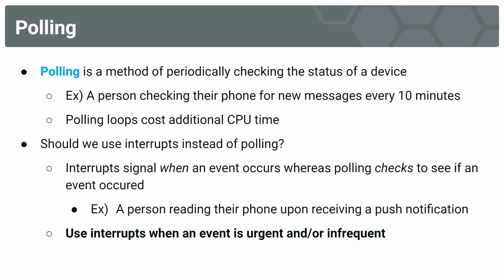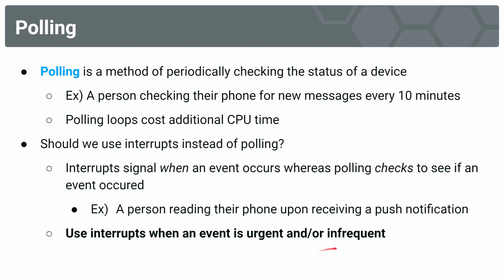And so the simple rule I suggest you stick by is to use interrupts when an event is urgent or infrequent. And the reasoning behind this is, if an event is urgent, then you want an interrupt to signal that immediately. You don't want to wait until the next poll or the next time you check the status of a device, because then the event may have occurred seconds before.